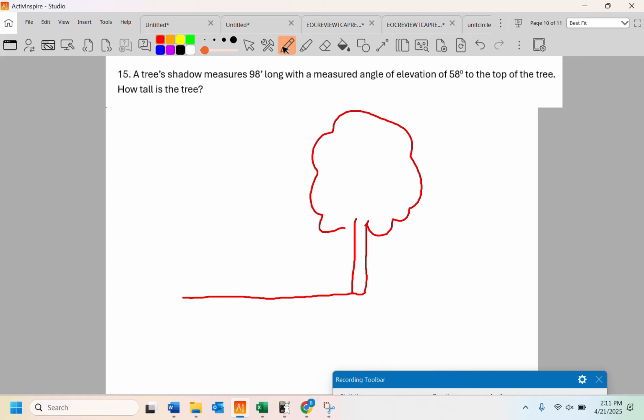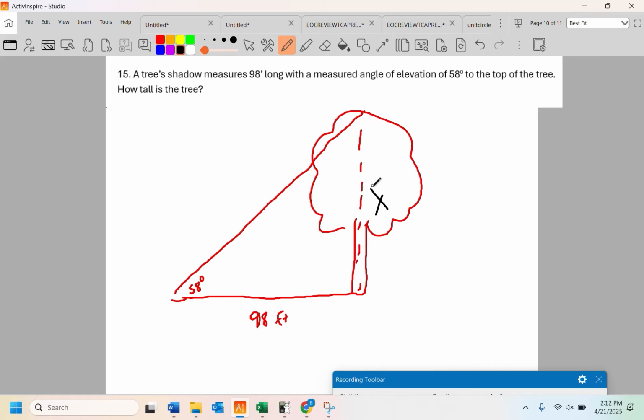From the top of the tree to the ground, we have an angle of elevation of 58 degrees. The shadow which lies on the ground is 98 feet, okay? I want to know how tall the blasted tree is. This is probably going to be the tangent ratio. Most of the tree problems are.